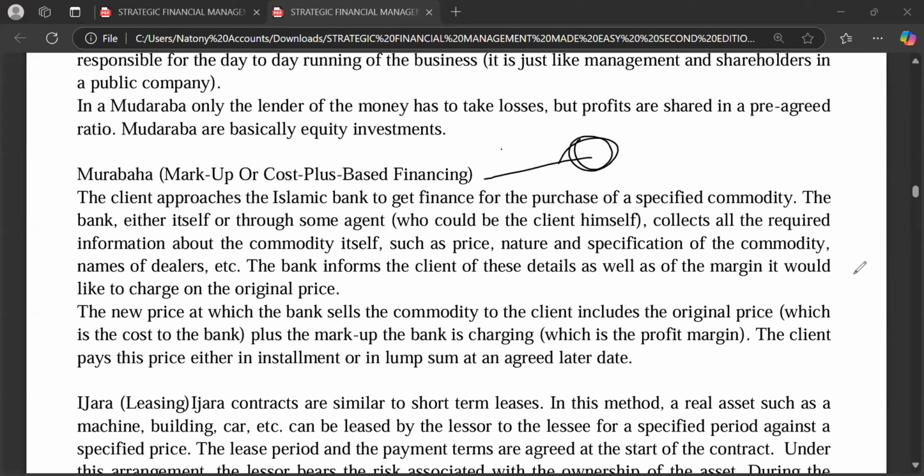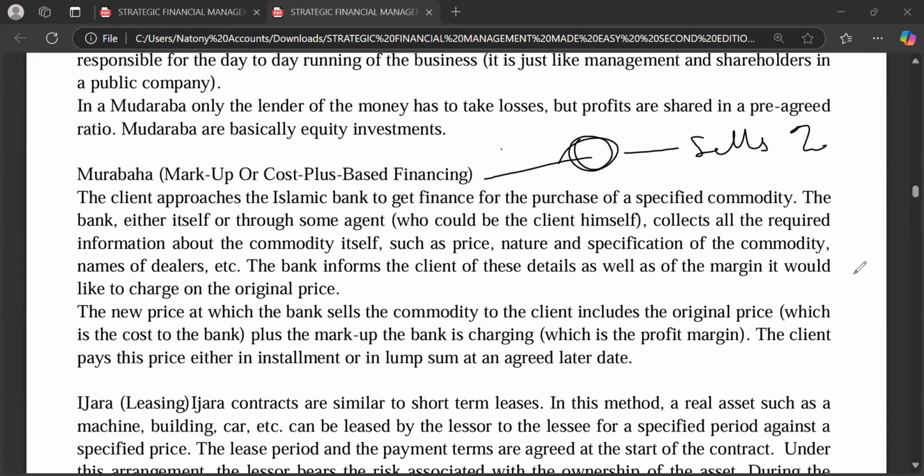So if the bank buys the commodity, the bank sells to the company at a markup. So there'll be a percentage there. Instead of the bank giving the company the money to go and make that purchase, the bank will be looking at it that the company may not utilize that fund properly. So let's buy the products and give the company, so we know that that fund is utilized for the purpose for which it has been borrowed.